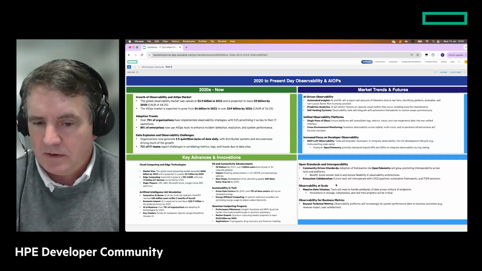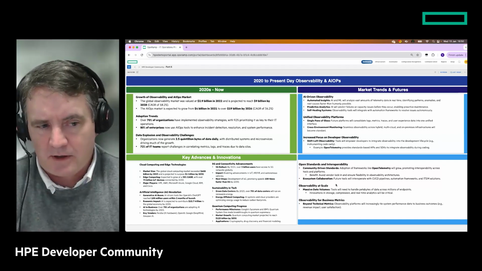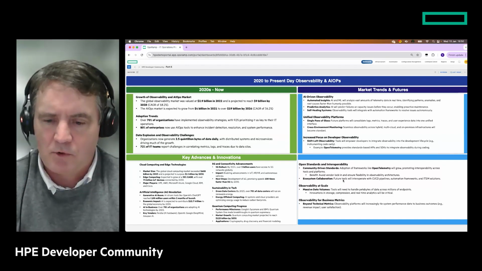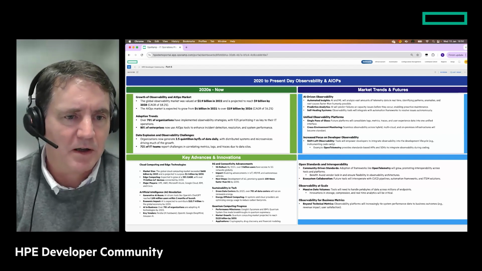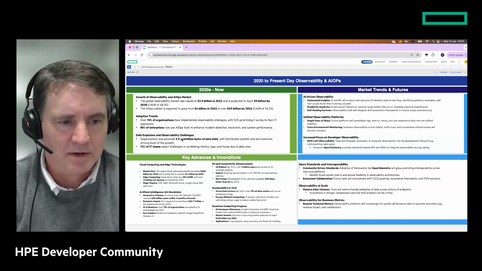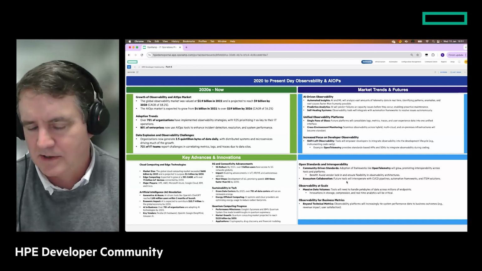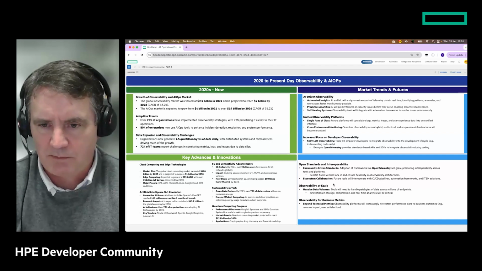Data volumes are going to get even more massive. Today, the data tells me there's 2.5 quintillion bytes of data daily over the last 5 years. That's going to be minuscule in comparison to what the future holds.